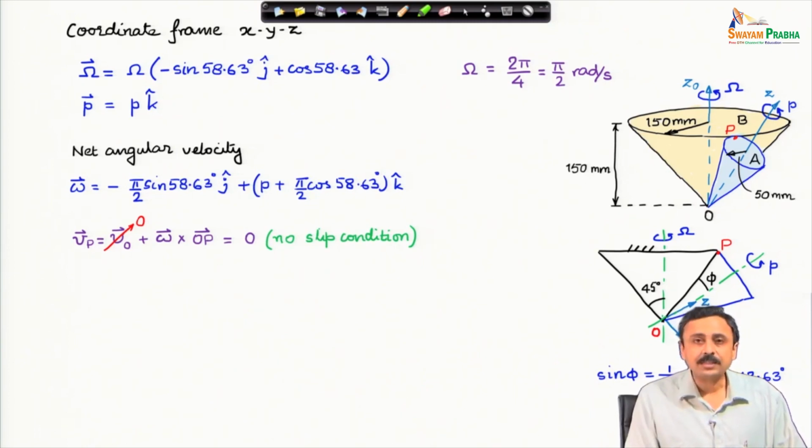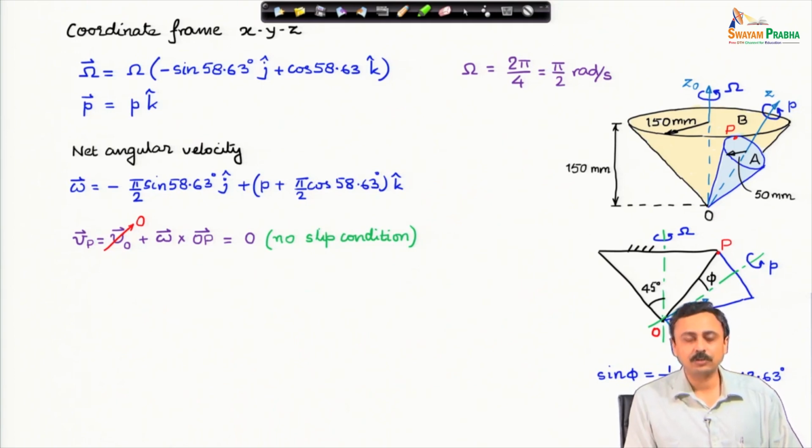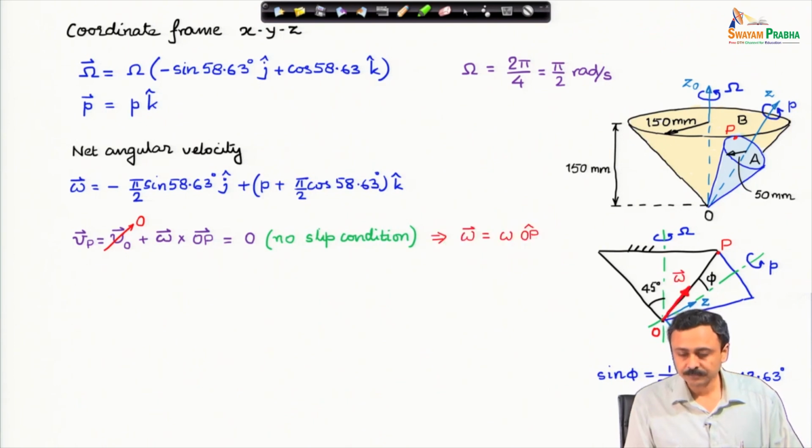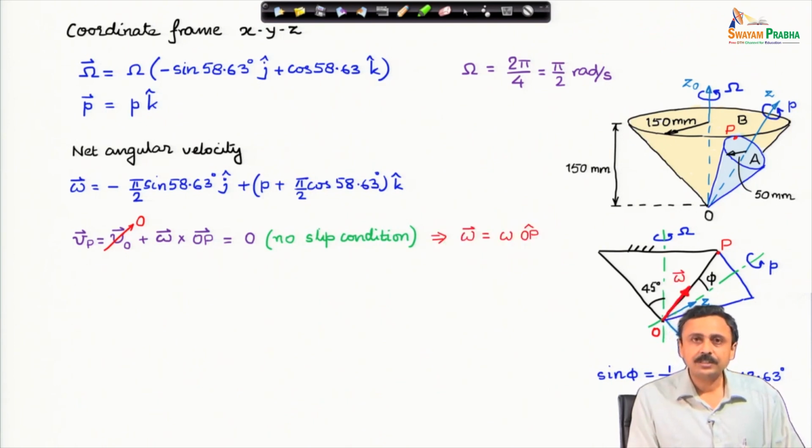And what does this tell us? The cross product of two non-zero vectors is 0 when they are either co-oriented or oppositely oriented. In other words, the net angular velocity of cone A is along OP.